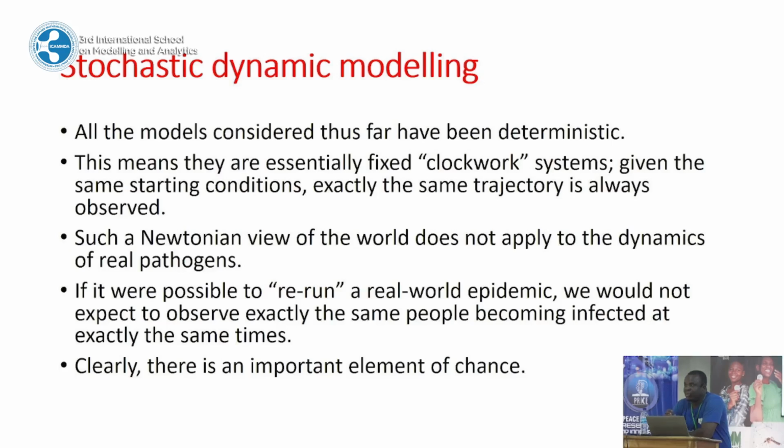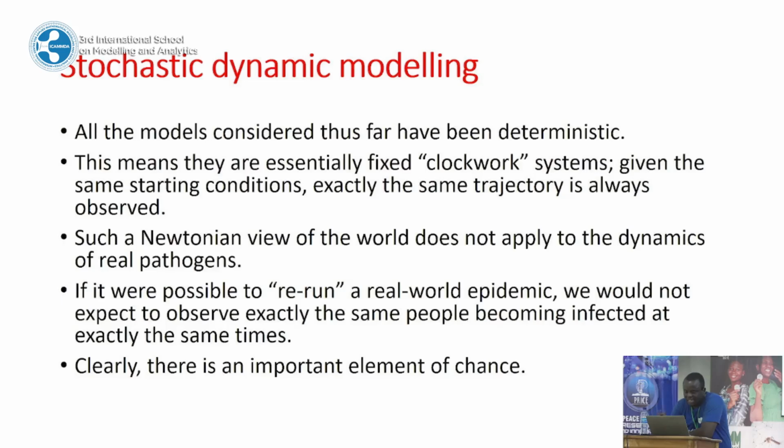We are in June 2025, June 23rd, and then June 23rd, 2026. The deterministic model is saying that today we had 100 people infected with malaria, and in 2026, still 100 people. So it's not really realistic.